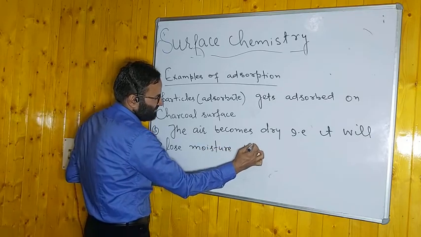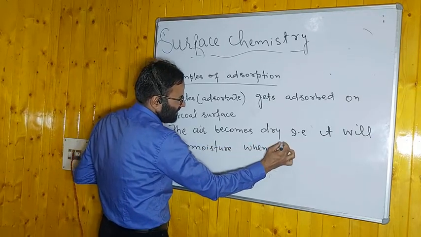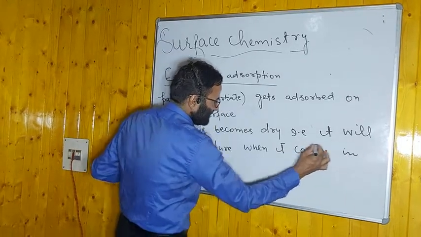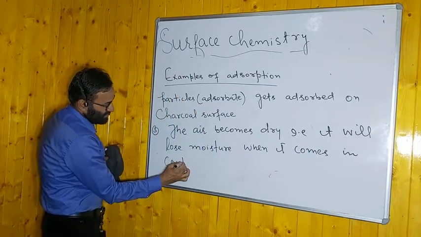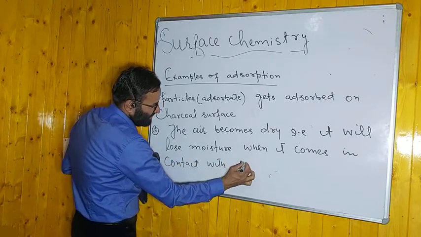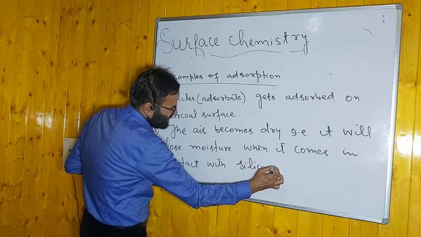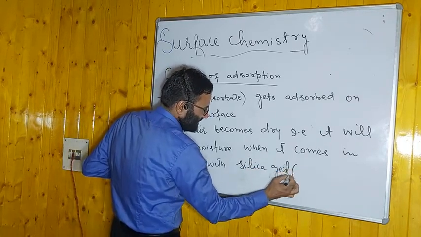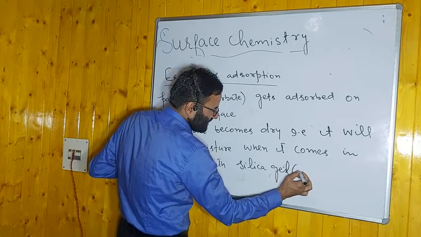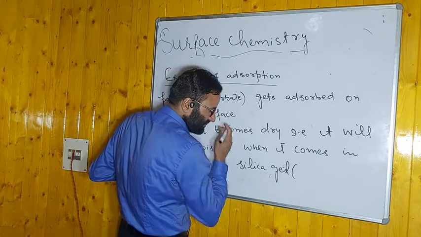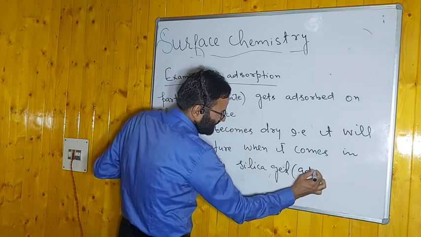Moisture, when it comes in contact with silica gel. Silica gel is another important adsorbent. Silica gel, SiO2, is the amorphous form of silica. Remember this one, silica gel is adsorbent here.